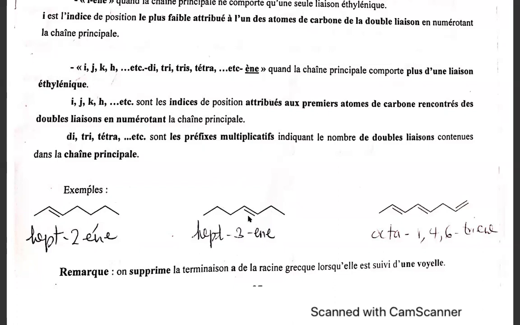So 3 is the lowest index possible, and we are going to position the double bond at position number 3, and the suffix of this hydrocarbon is ene. So this is going to be hept-3-ene. So heptane or hepta is the prefix for this one.